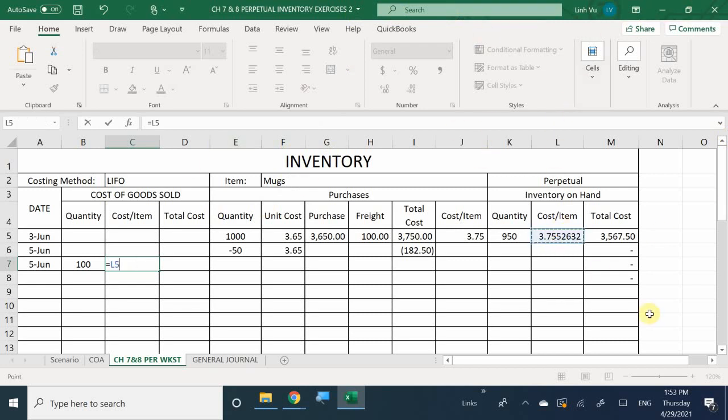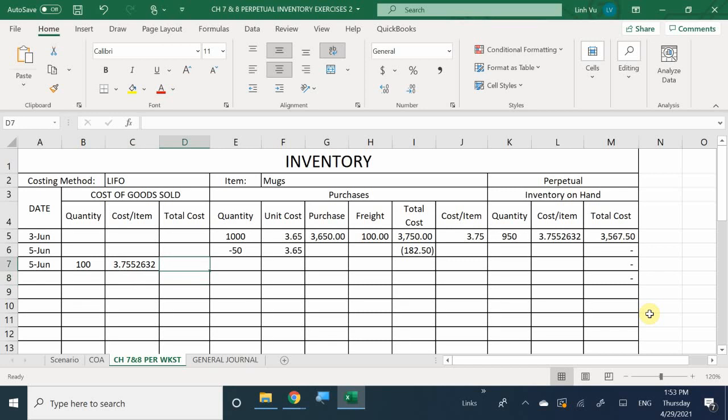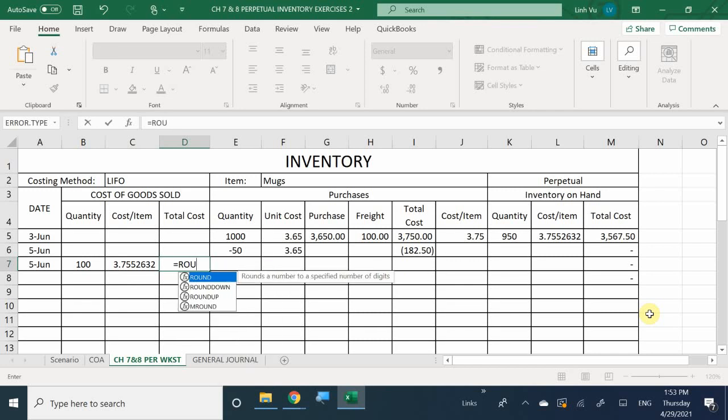So remember, if you do round your answers, you will be off by a couple pennies. So here you go, 3.7552. This is where we need to apply our equal round formula once again because I want nice numbers, and on top of that, we're journalizing this number. Rules in the journal say that you have to do it in terms of dollars.